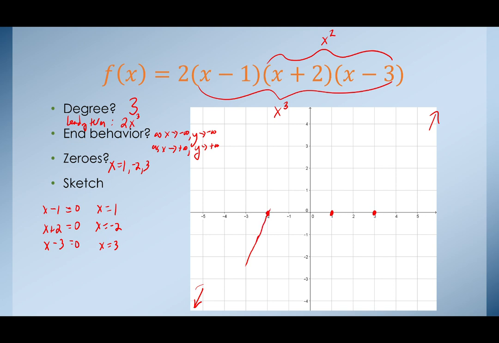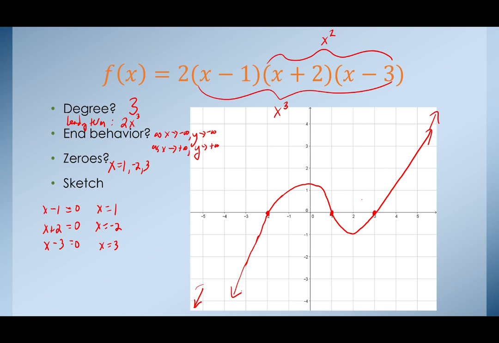So we're going to come up, go through this one, and then we just kind of are connecting the dots and make sure that we go through each x-intercept and that we end up going the correct direction with our end behavior.